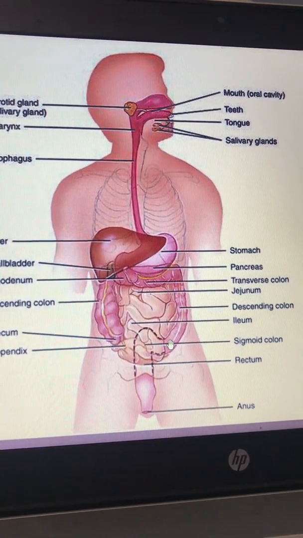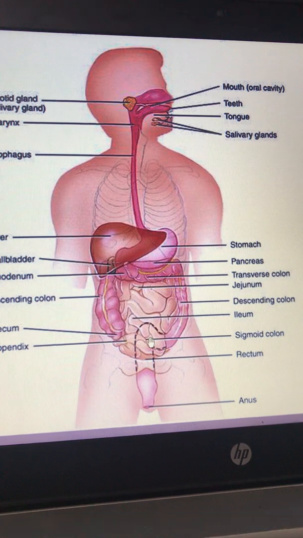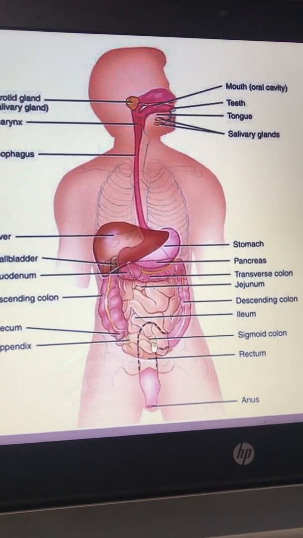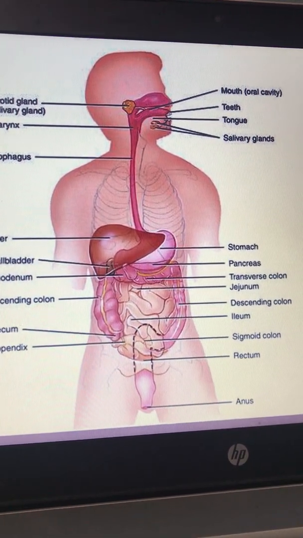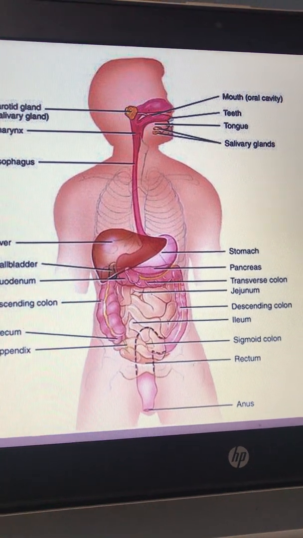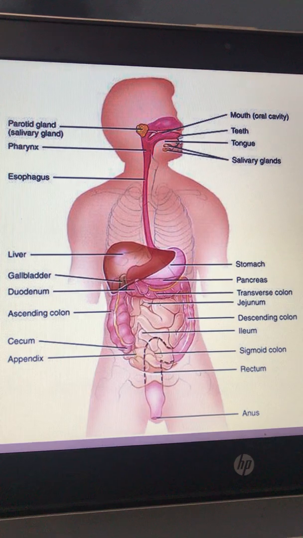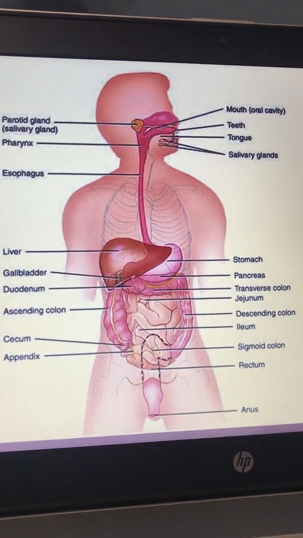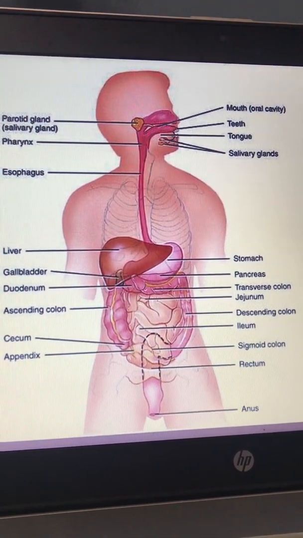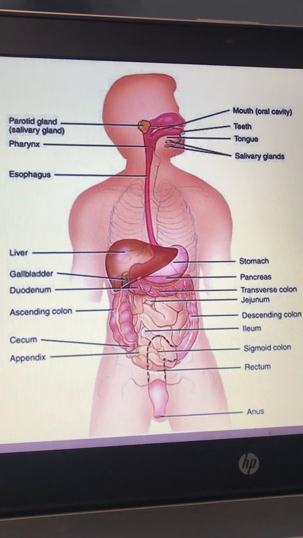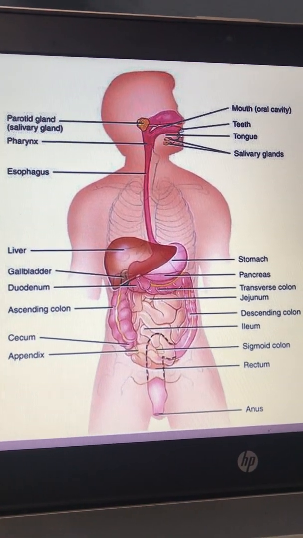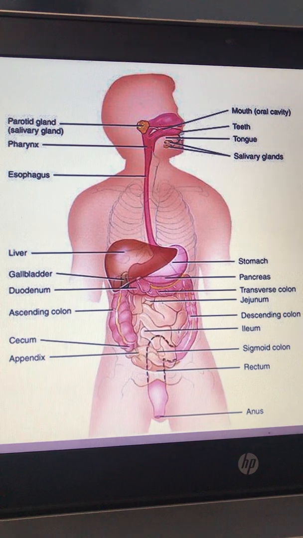And here we also can find the sigmoid colon, which is connected to the rectum. Stool, or waste left over from the digestive process, is passed through the colon by means of peristalsis, first in a liquid state and ultimately in a solid form as the water is removed from the stool.